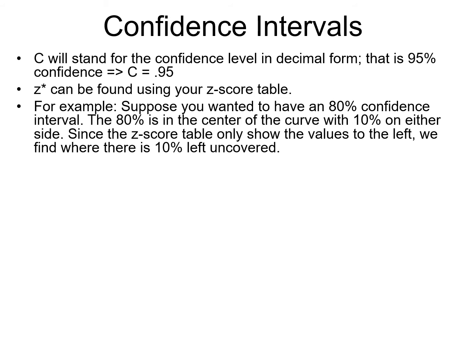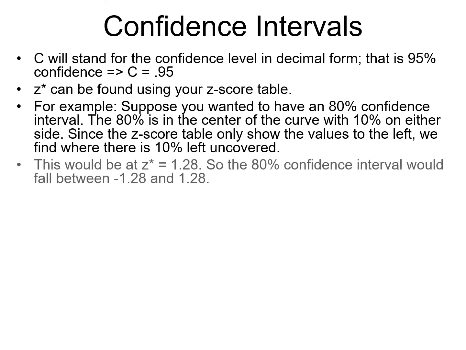So we would go to where it would say 0.90, that's 10%, and that would be our z-star. Now, in this case, that would be at 1.28, which you could check on your table. So the 80% confidence interval would fall between negative 1.28 and positive 1.28. For the z-star, for these equations, you're only using the positive. So don't worry about the negatives there.